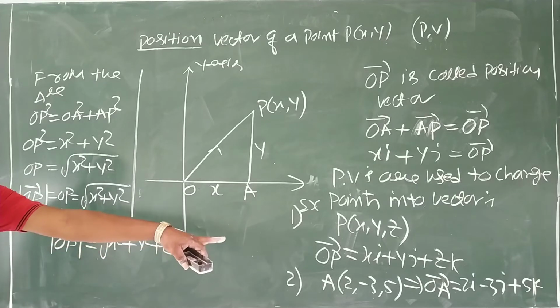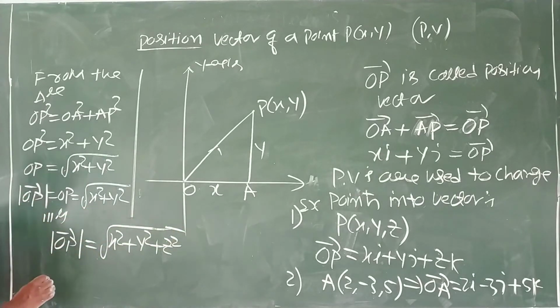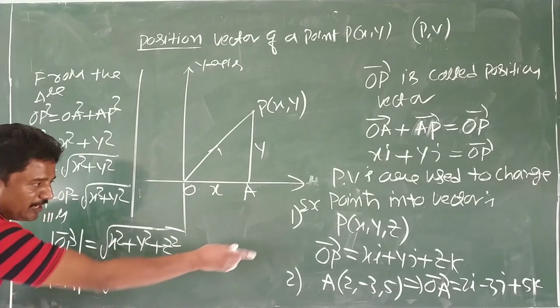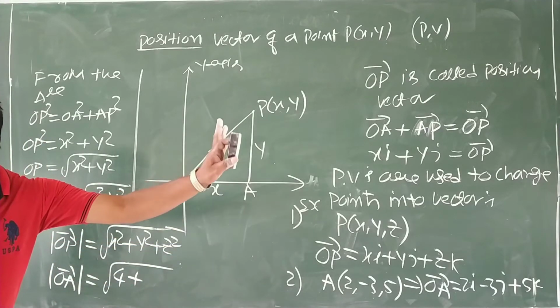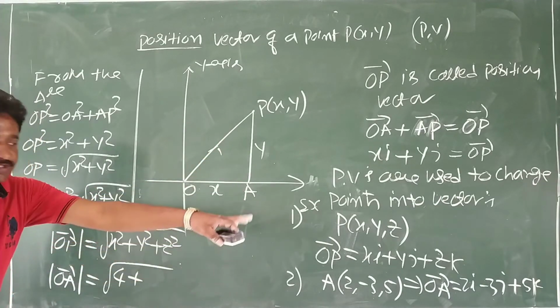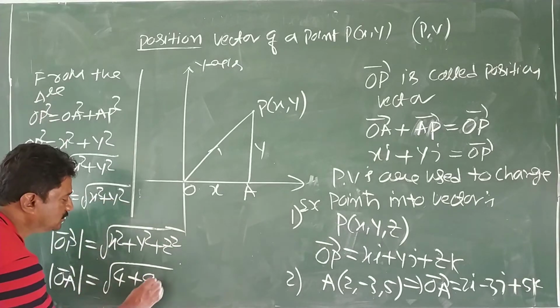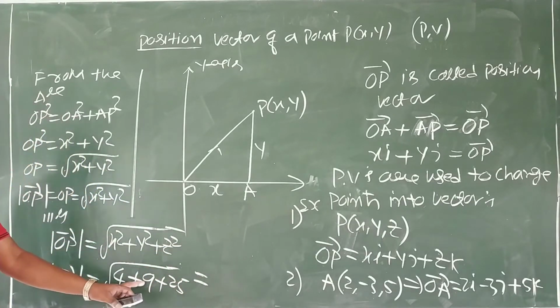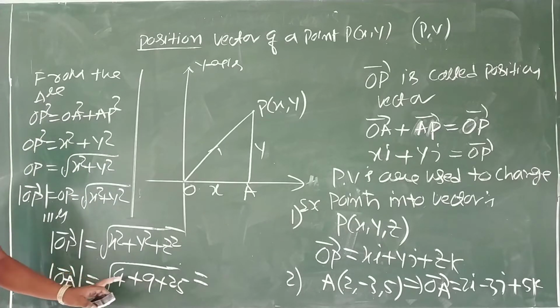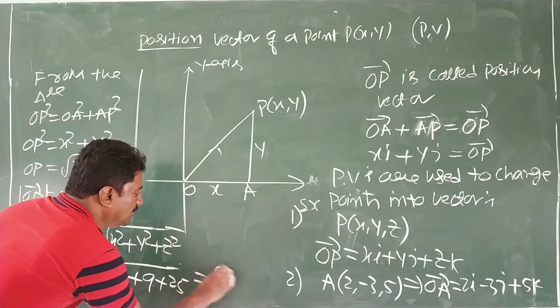So tell me the length of the vector OA. Root of, so i-coefficient 2 square 4, j-coefficient -3 whole square 9, plus 5 square 25. So 25 plus 9 is 34, plus 4, 38. Root 38.